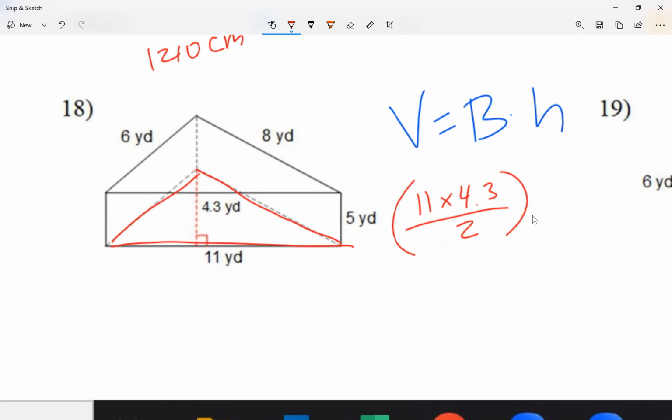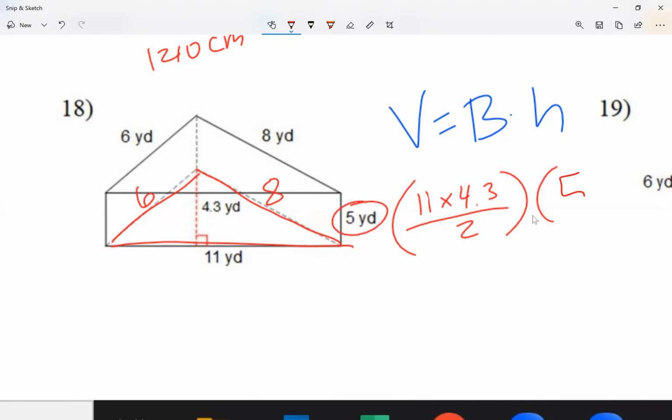Okay, then I have to multiply this by the height of the shape, the number that has nothing to do with my triangles. Let me emphasize that my triangle's sides are 6, 8, and 11. So you guys see where I got the 6, the 8, and obviously 11. Which number has nothing to do with my triangles?